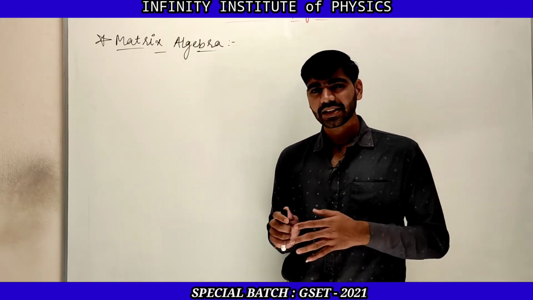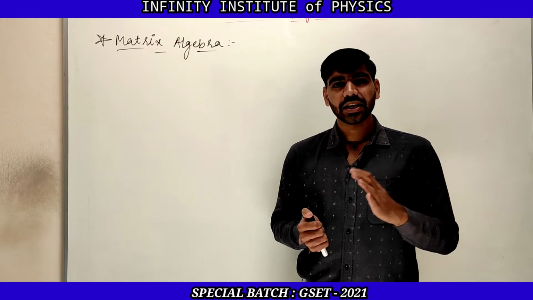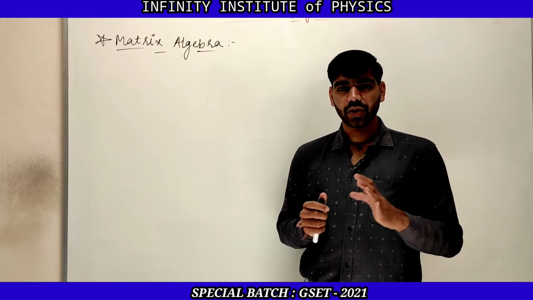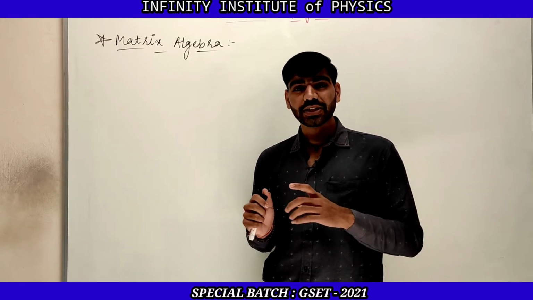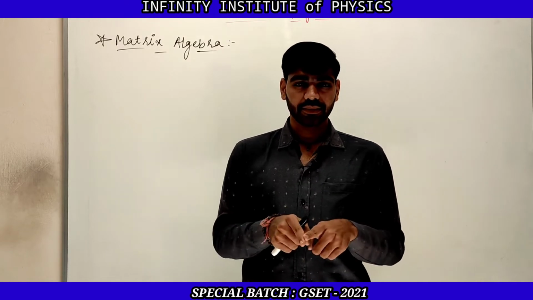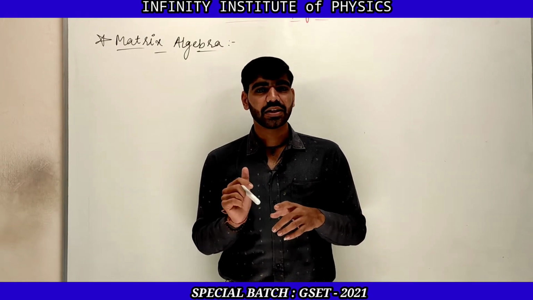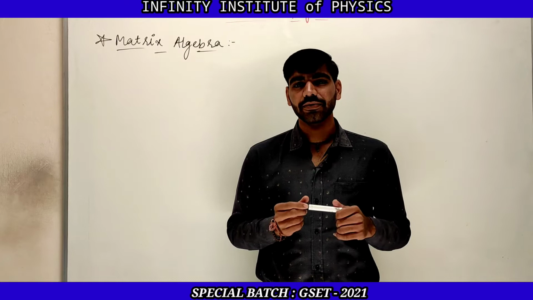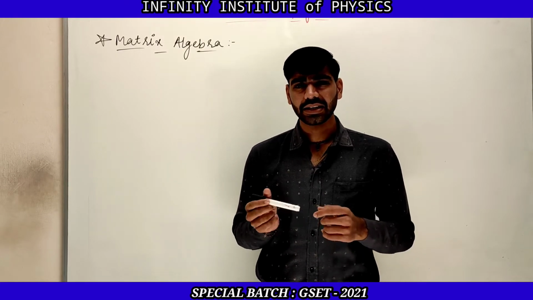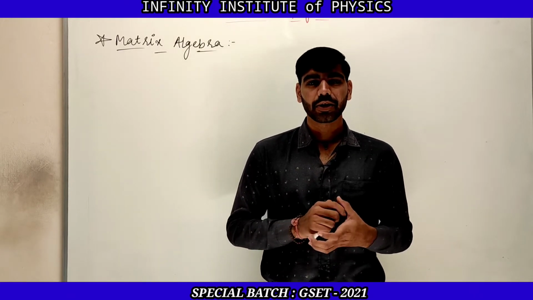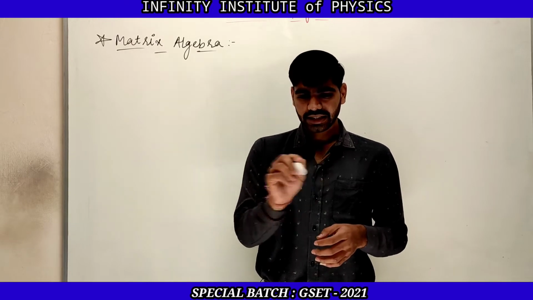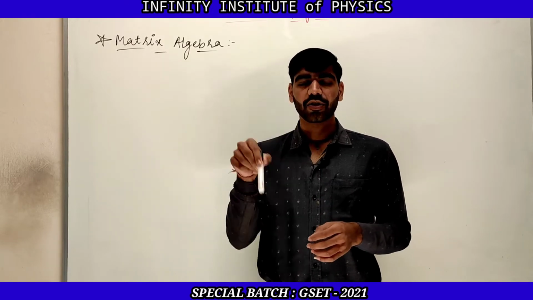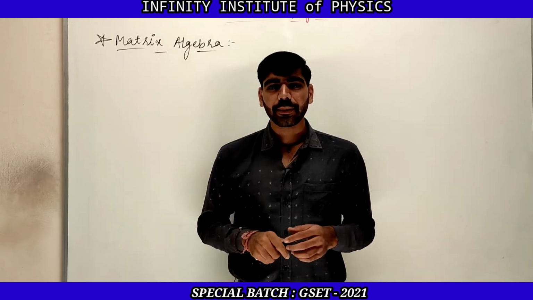So a matrix is an arrangement of mn elements in rectangular form, where m is the number of rows. That means we are arranging in m rows and n columns, and there are total mn elements.